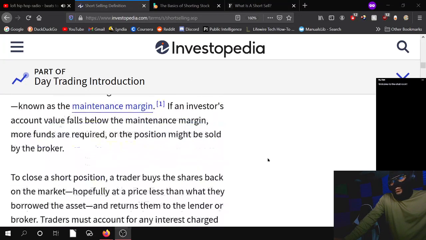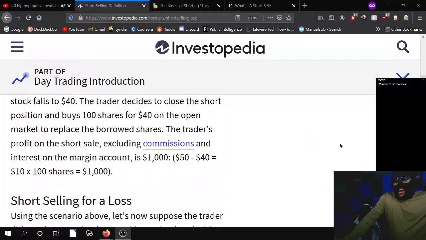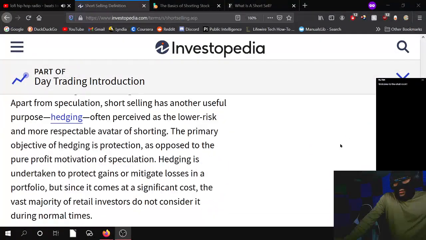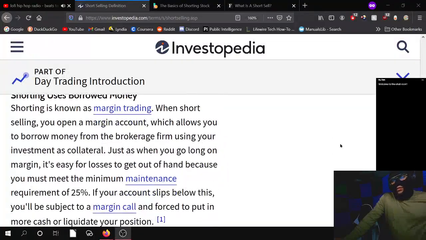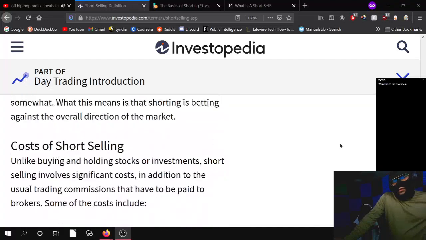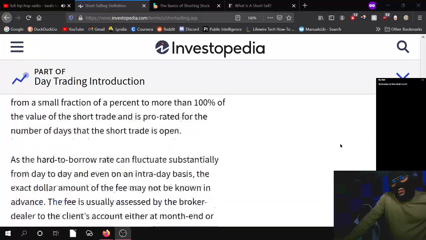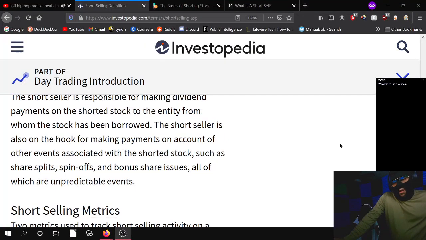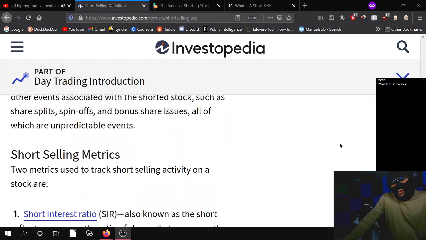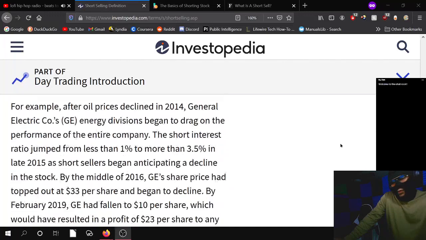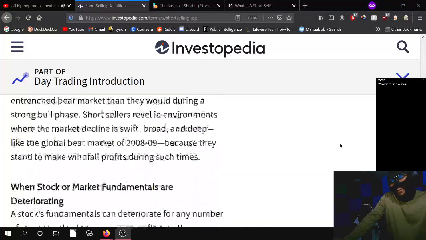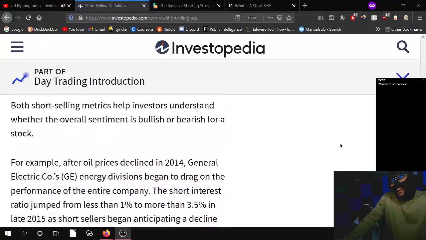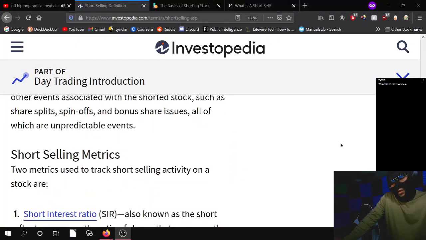Well, anyhow, I still got a lot to cover. Anyhow, let's talk more about short selling. What are the ideal conditions? Remember, I didn't cover that.